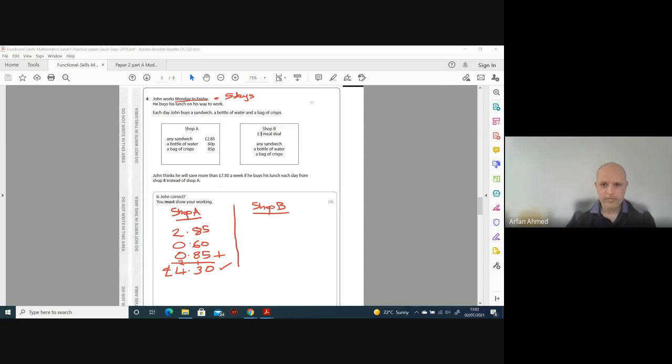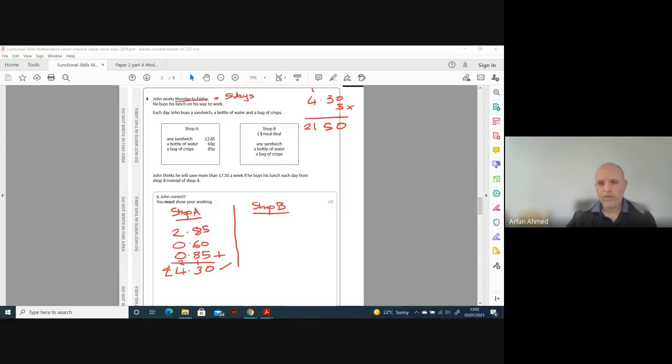Let's do it up here. £4.30 times by 5. Obviously, you guys do it in the space that's provided, not up here. 0 times 5 is nothing. 3 5s are 15. Carry the 1. 4 times 5 is 20, plus the 1 is 21.